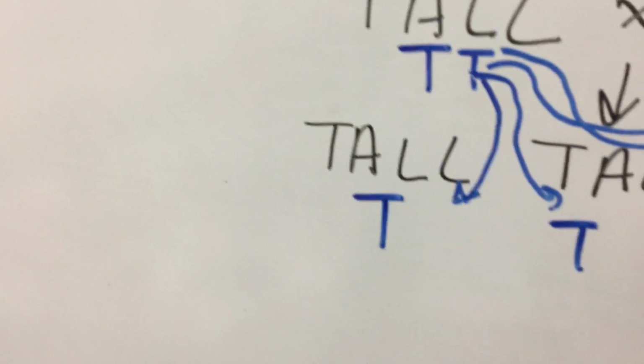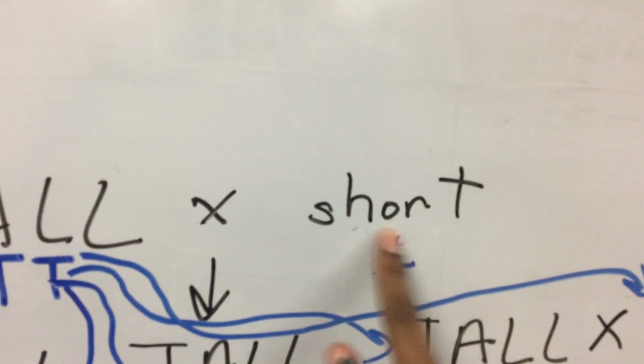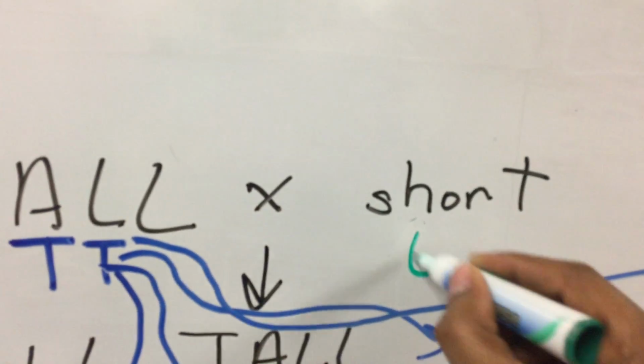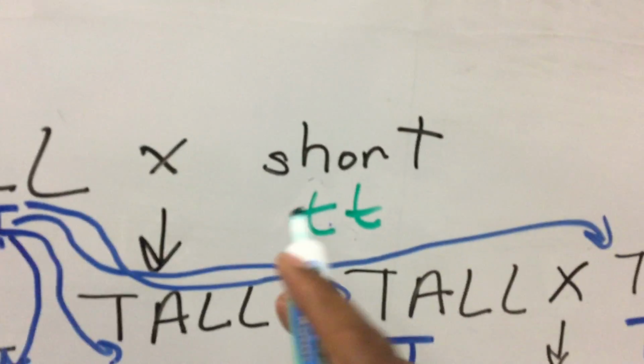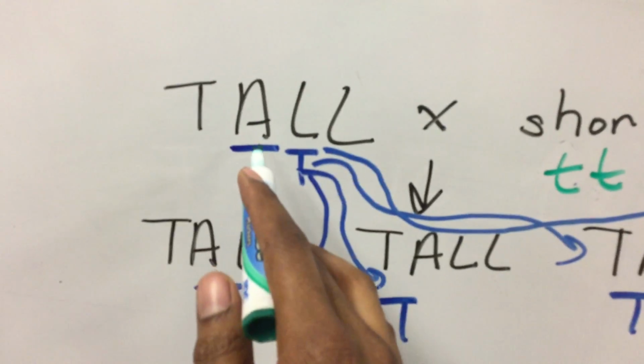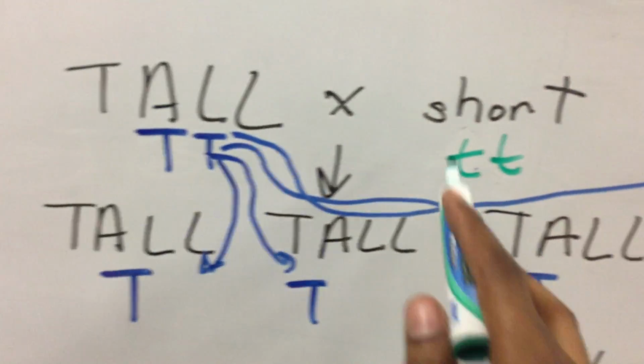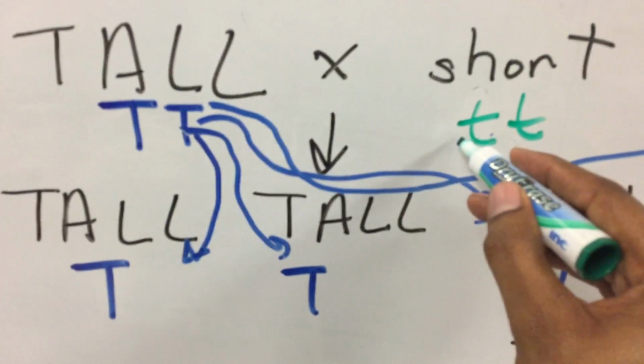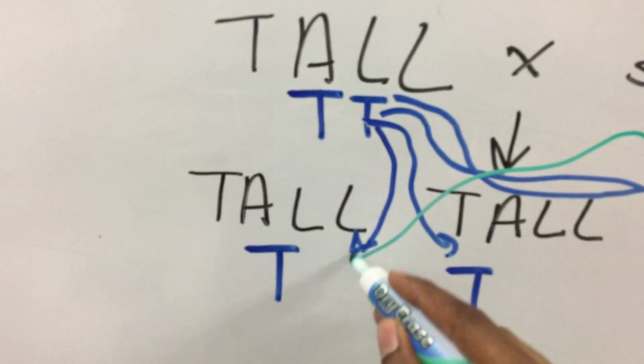All right, now I'm going to put this in green just so that it's a little bit easier to see visually. So we got the homozygous recessive here, and now when they reproduce, this one gave one allele to each offspring, and this plant is also going to give one allele to each offspring.